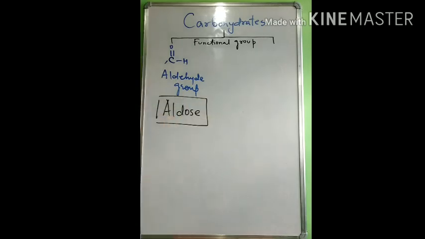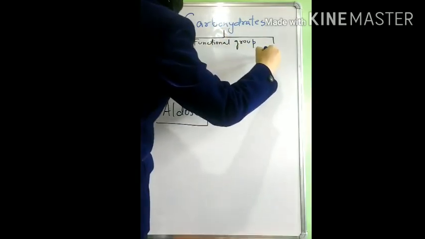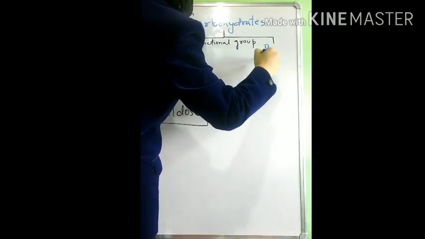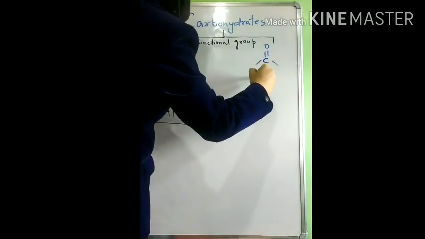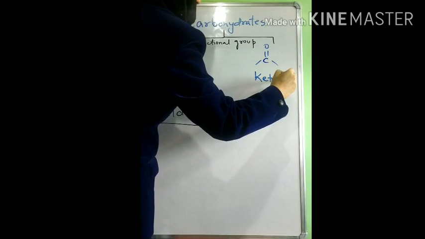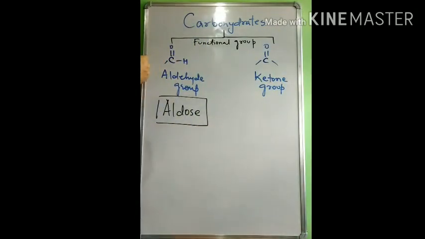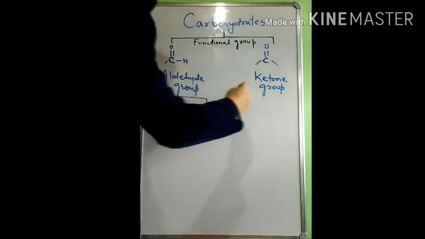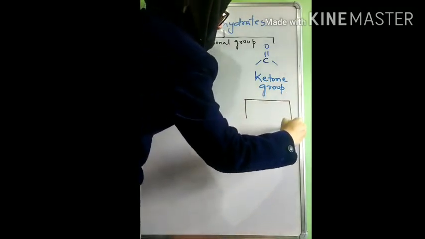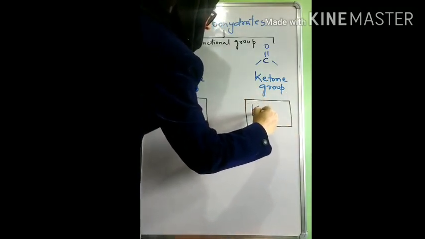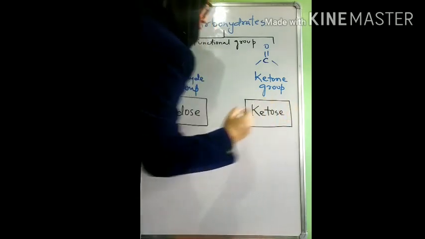Aldose. And if the functional group is like this, C double bond O, which group is this? This is a ketone group. If this functional group is present in the carbohydrate, then that category of carbohydrate is called, you can guess it, ketose.